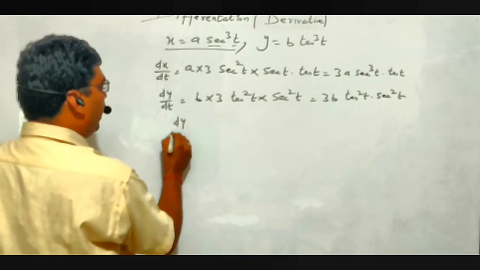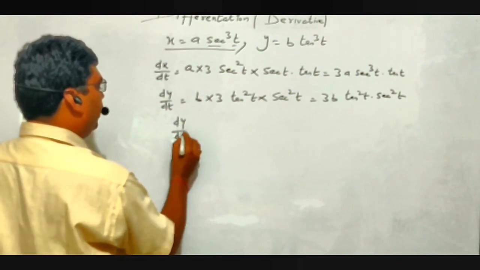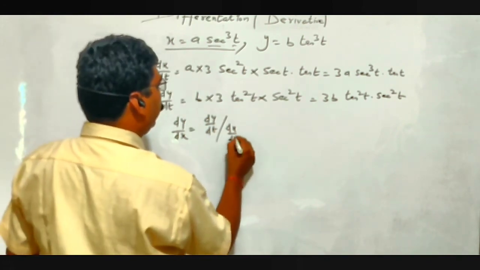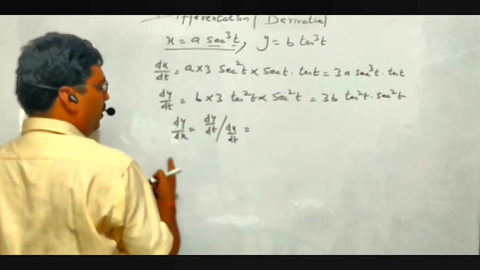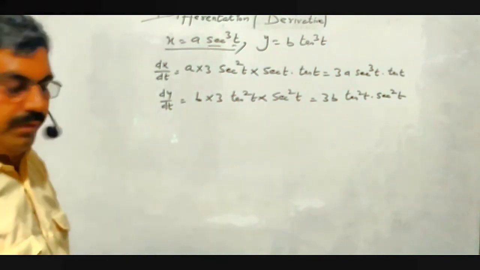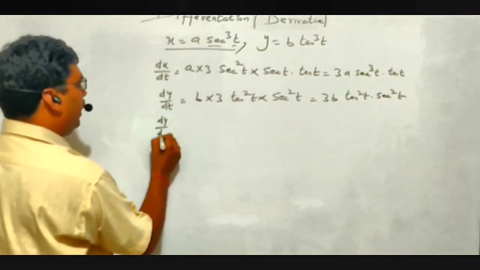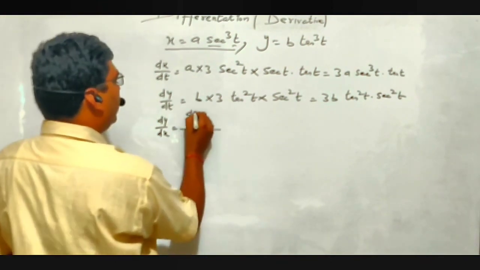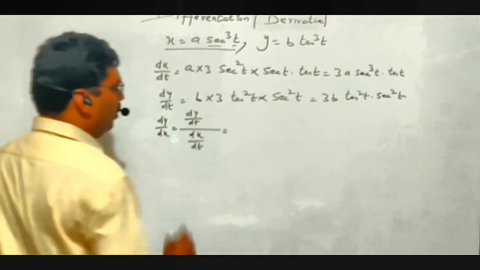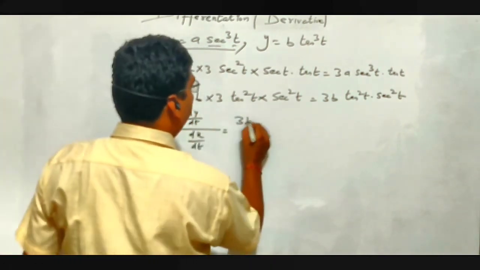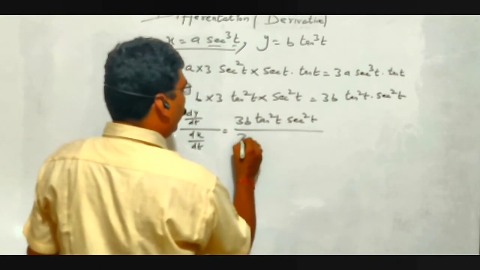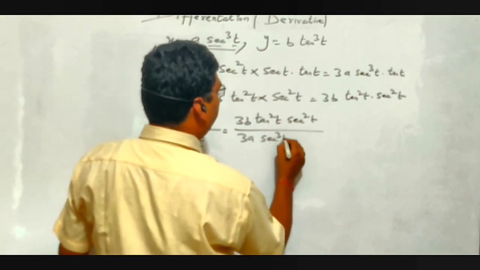Now dy by dx equals dy by dt divided by dx by dt. The value of dy by dt is 3b tan square t secant square t, and dx by dt is 3a secant cubed t into tan t.